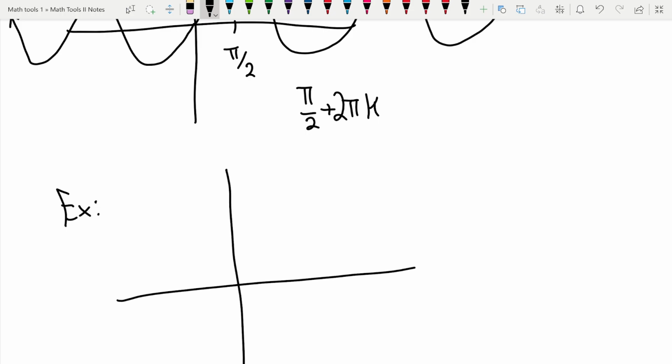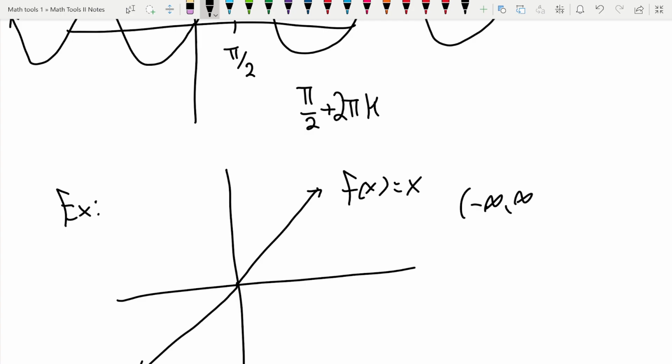Probably the simplest possible example is the function y equals x, or f of x equals x, just a straight line with slope 1 and y-intercept 0. If we're looking at -infinity to infinity, there's no absolute max or min.